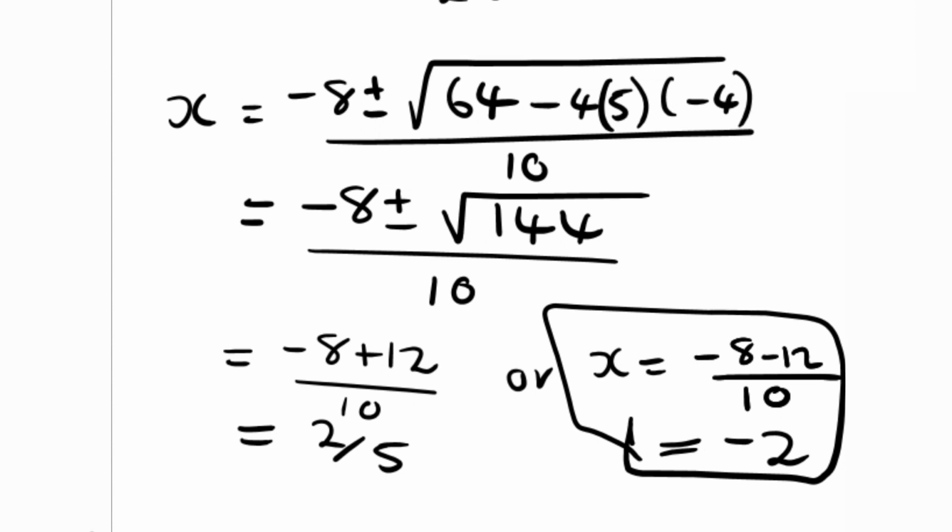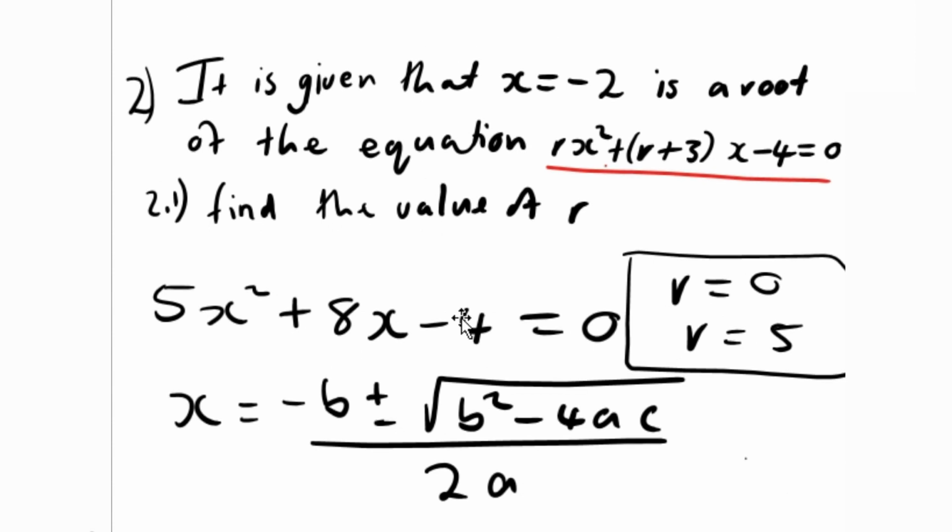So again, remember when you plug in 0, our quadratic equation falls away. We don't have a quadratic equation anymore. We just have a linear equation, 3x minus 4 equals 0. We don't want that.